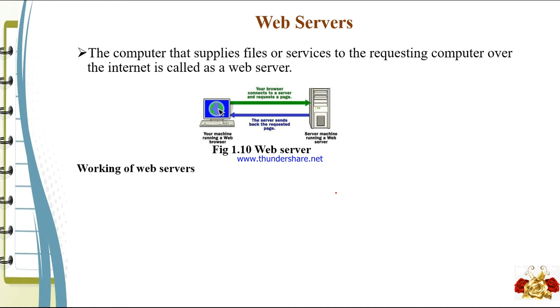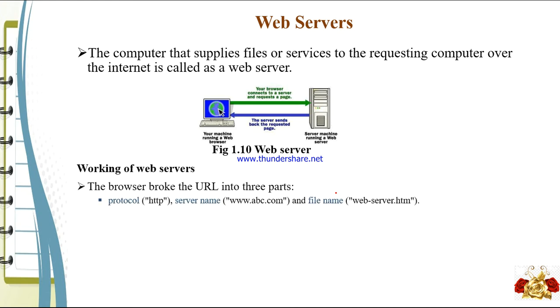So what is the working of a web server? For example, when you give any web address to the web browser, a request is automatically sent to the particular web server. The browser breaks the URL into three parts: the protocol, that is HTTP, the server name, and the file.